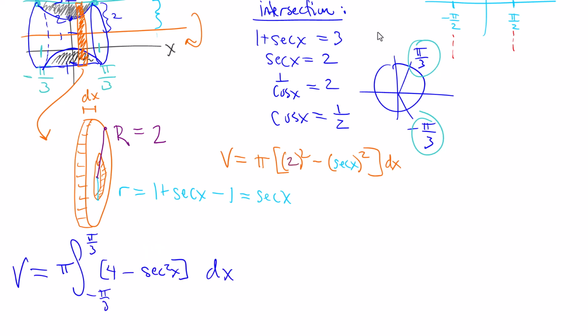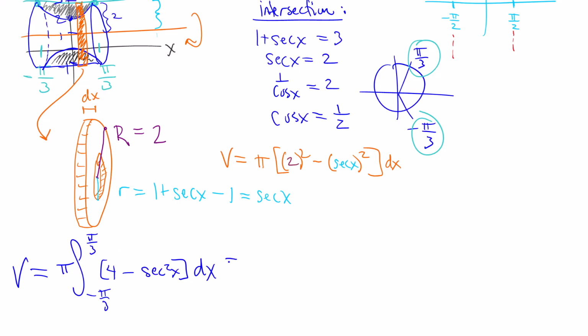Let's scoot that over. In fact, there's a slightly easier way to write this that may or may not be helpful, but we're running low on space, so I'm going to do this. Instead of going from negative pi over 3 to positive pi over 3, given the symmetry of this figure, which matters for this, you could really just double it and go half as far.